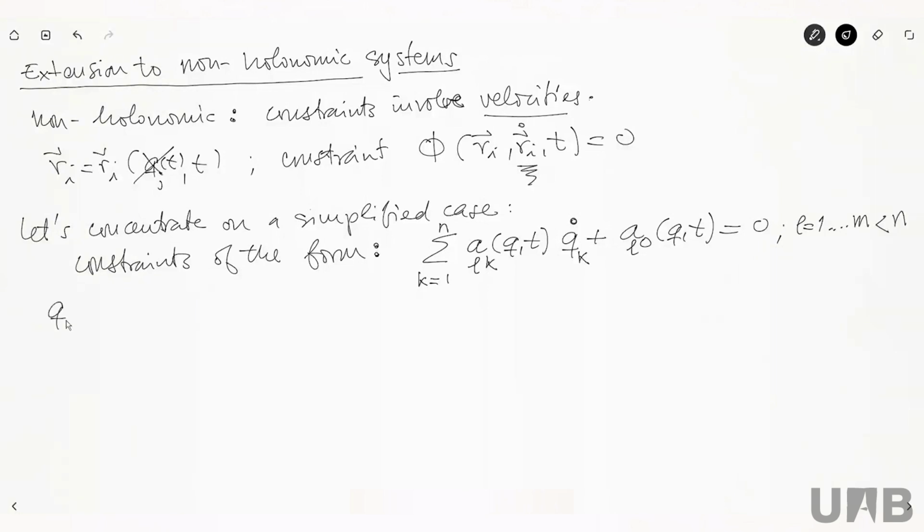So my q_k, k goes from 1 to n, and I have L constraints like this.